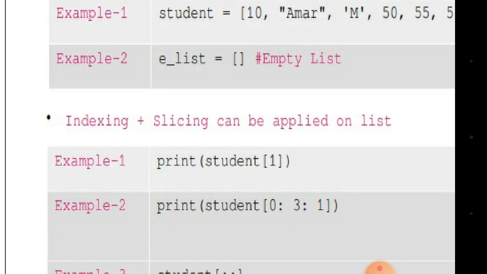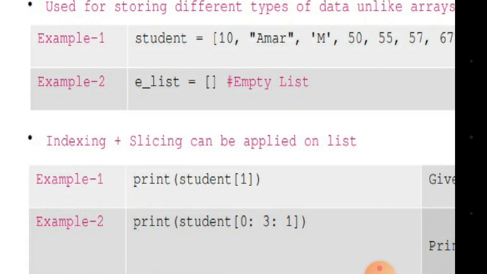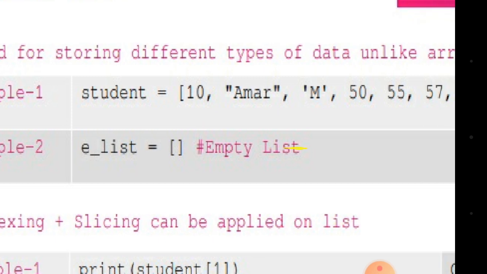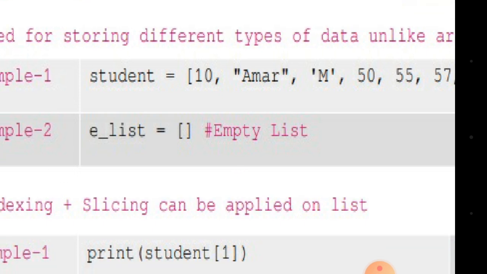Then indexing plus slicing, these are the two operations which we can perform on the list. For example, we see indexing. What is indexing? In this student list, each element is associated with a different indexing value. For example, 10 has the indexing value 0. The indexing value starts from 0 to n minus 1, that is number of elements minus 1.